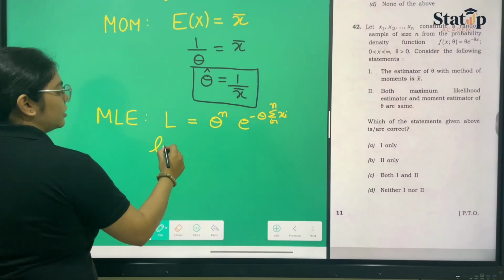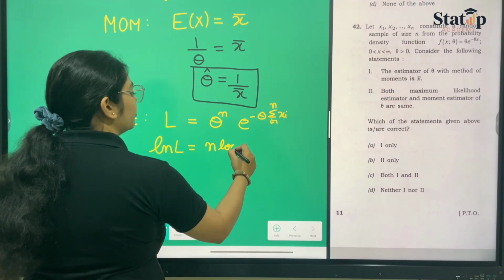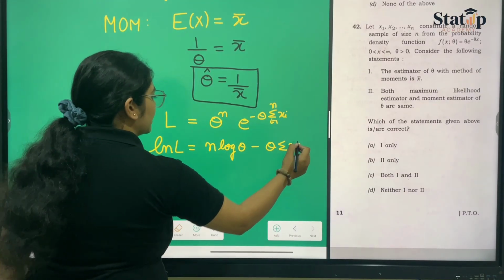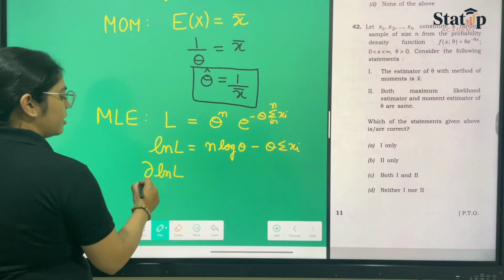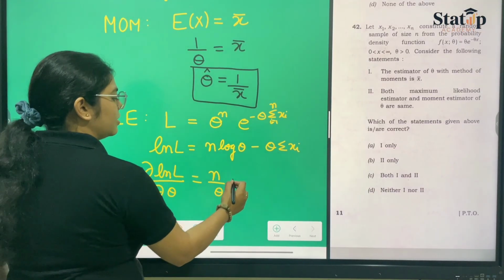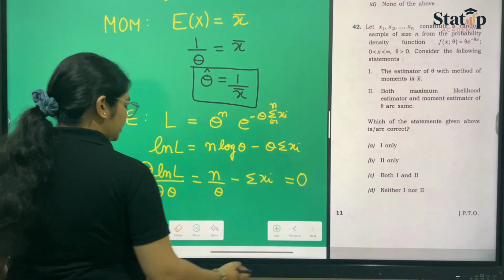Now if we take log of this L, this will be n log of theta minus theta summation xi. If we differentiate this log of L with respect to theta, it will be n upon theta minus summation over xi, and we have to keep it equal to 0.